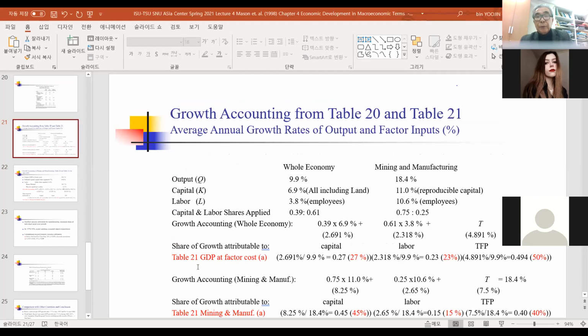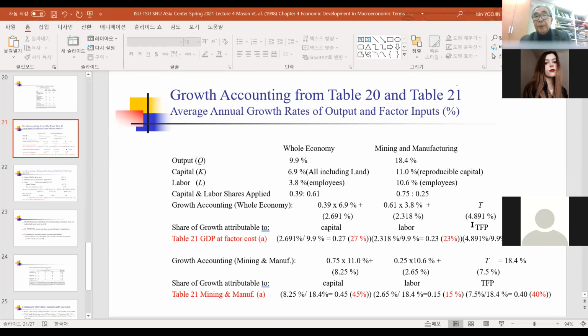Now, let me ask you, how do you calculate the relative contribution of TFP? In the whole economy, you divide 4.89% by 9.9%. So almost 50% was contributed by TFP in the whole economy. How about in mining and manufacturing?